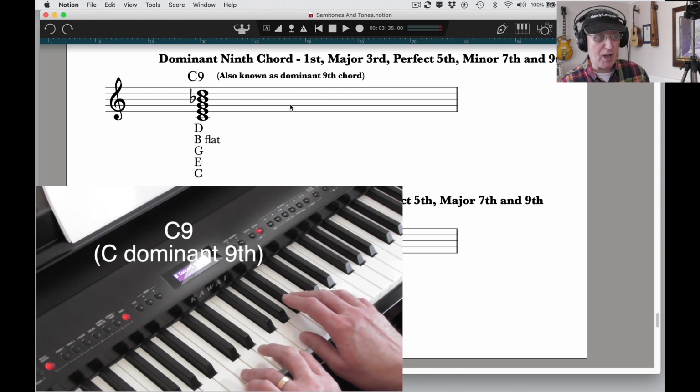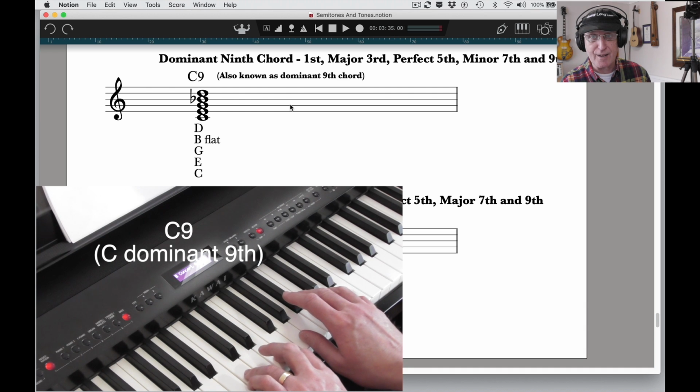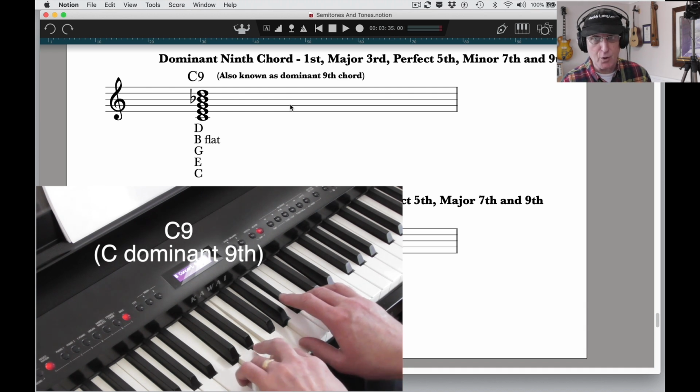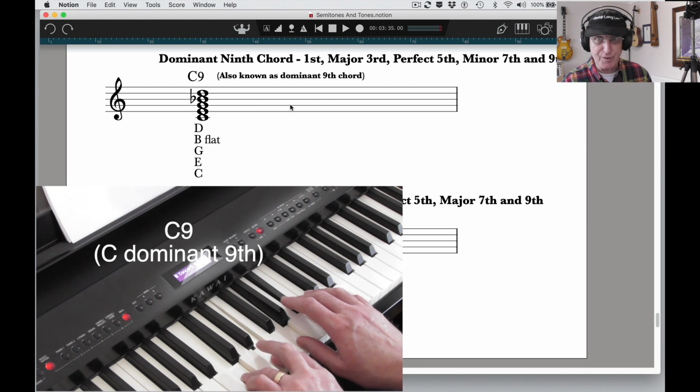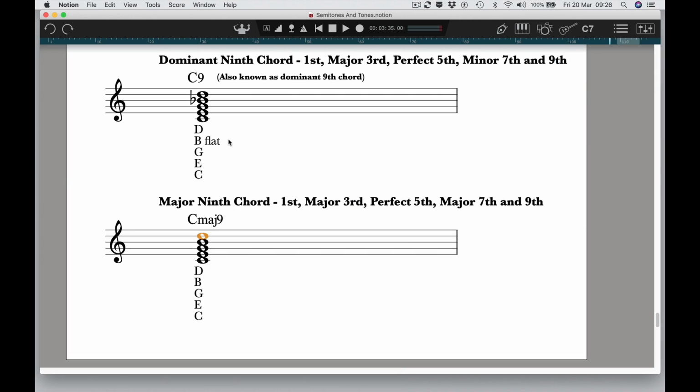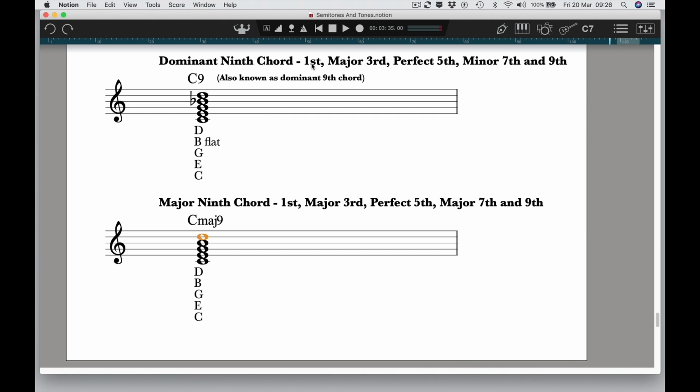So it's kind of a jazzy, funky C7 that can be used instead of a 7th, especially if you're playing jazz or funk. So that is C9 or C dominant ninth, because it's the dominant 7th chord with that added ninth. So dominant ninth chord: first, major third, perfect fifth, minor 7th and ninth. Also known as the dominant ninth chord.